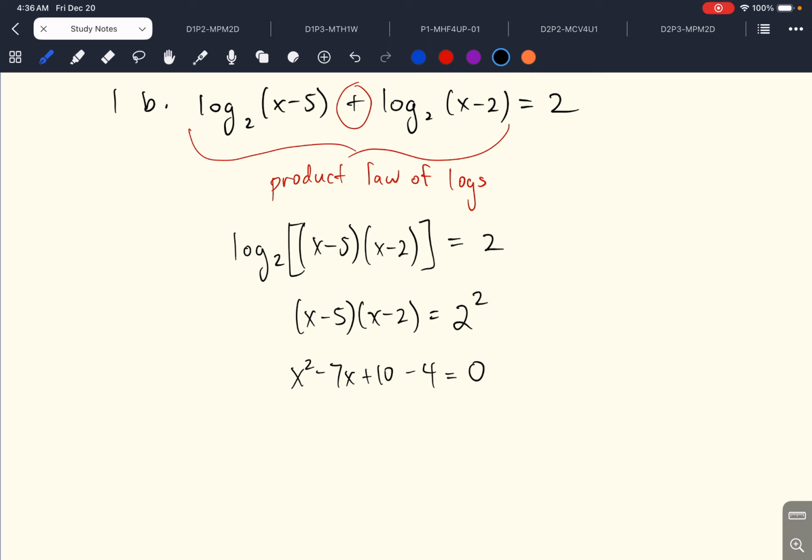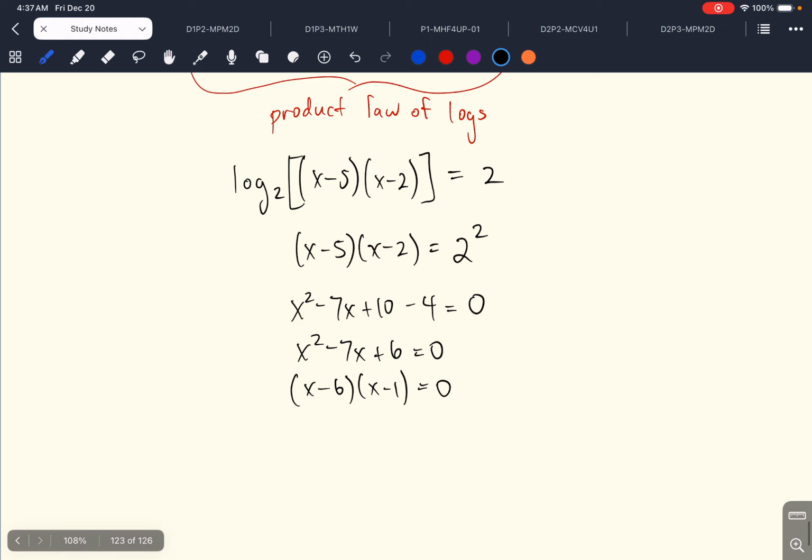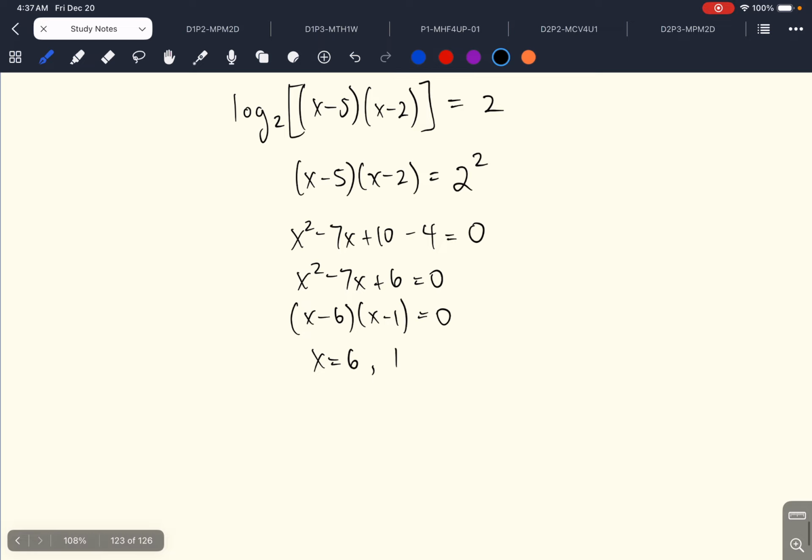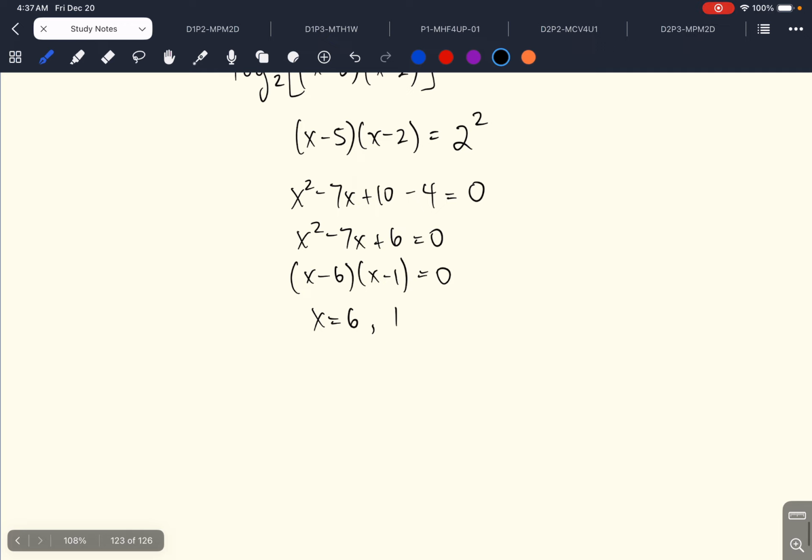And if I simplify that here, we'll have x squared minus 7x plus 6 equal to 0, and that can be factored: x minus 6, x minus 1. Okay, so we have a very nice clean solution here, and our two possible answers are x equals 6 and x equals 1. Now I say possible solutions because you should check to make sure that they are valid answers.